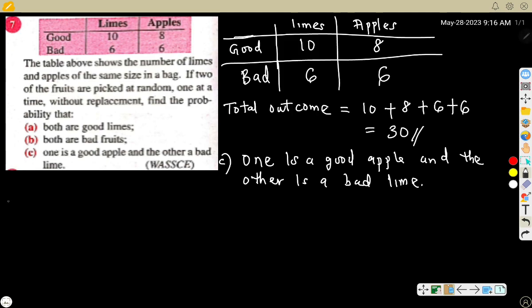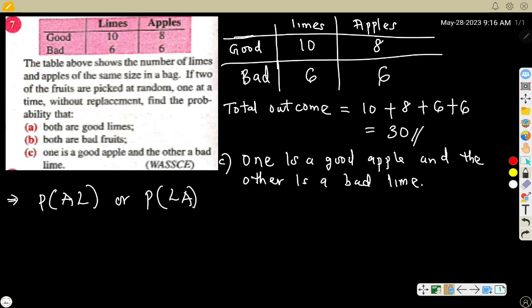So because of that, we are going to reason it this way. We only know that one is a good apple. It means either the first one is a good apple and the second one is a bad lime, or the first one is a bad lime and the second one is a good apple.